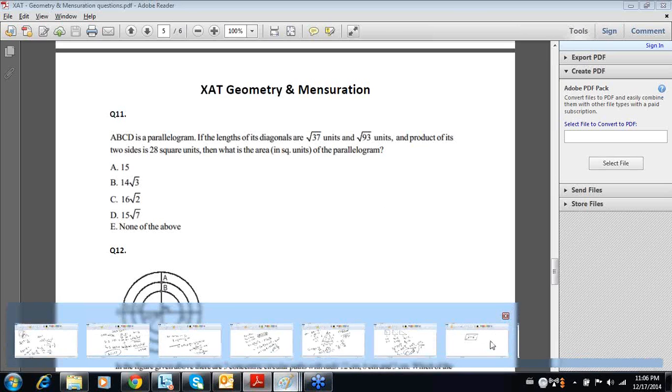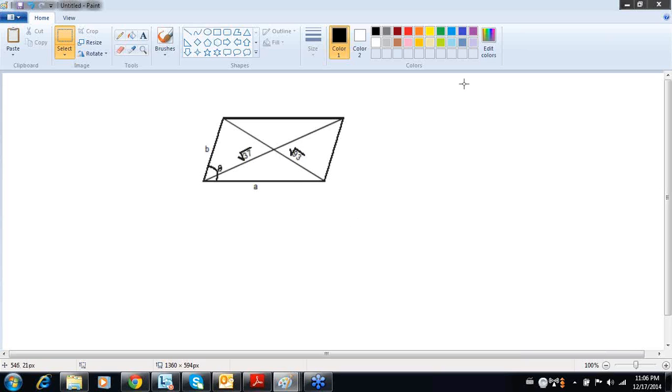Okay, let us draw a parallelogram. This is our parallelogram. These are the diagonals. We have two triangles here, say ABC and ACD. Let this angle be theta, this angle be theta. Apply cos theta.